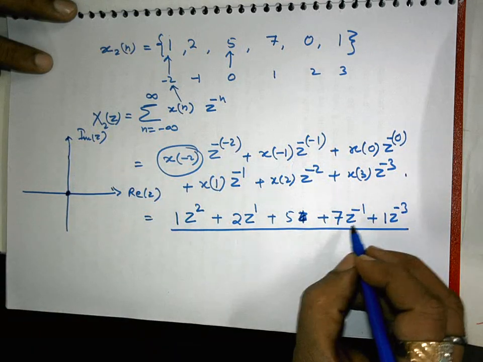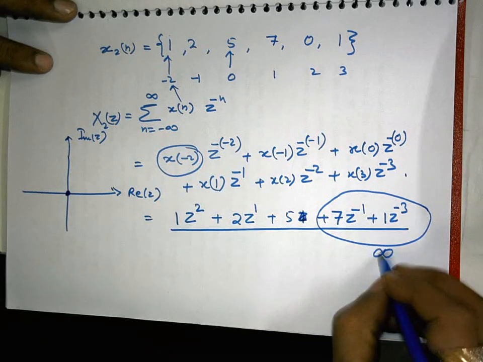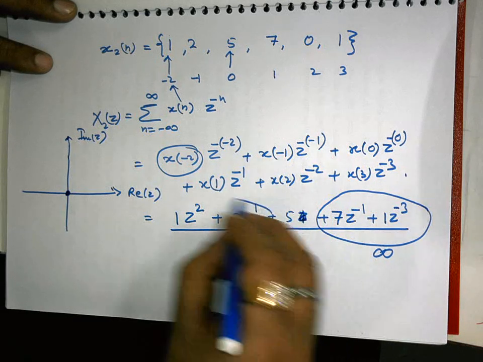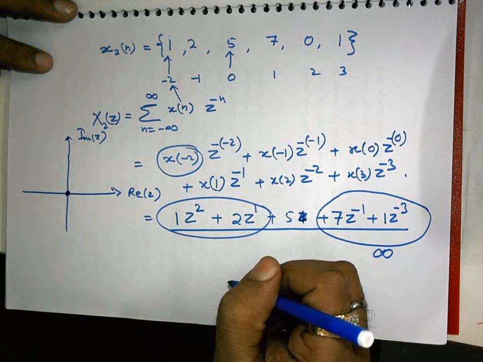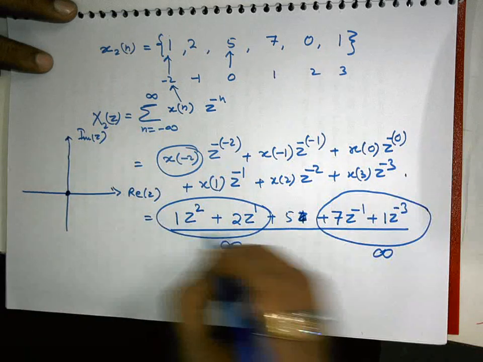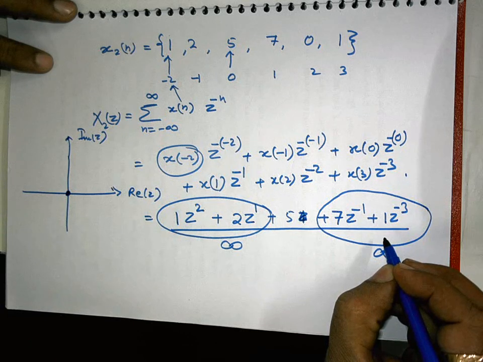For z is equal to 0, this part of the series will contribute to infinity. And for z is equal to infinity, this part of the series becomes infinity. So in these two extreme situations, this power series does not converge. It does not give you any finite value, it becomes infinity.